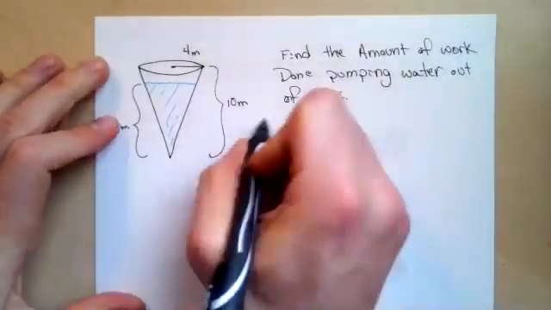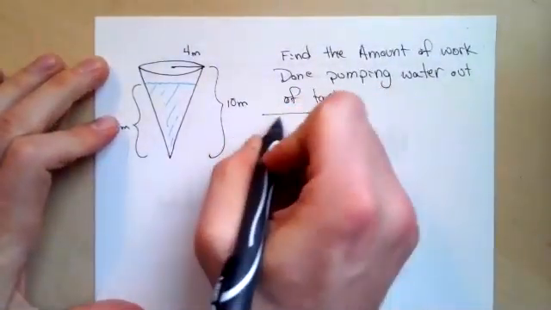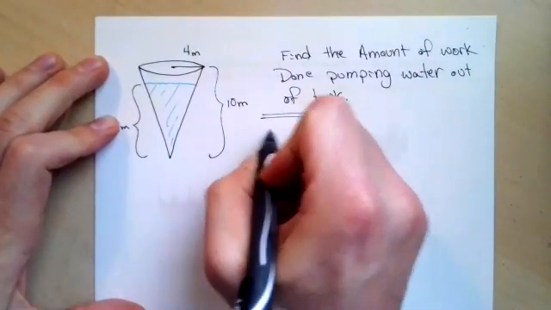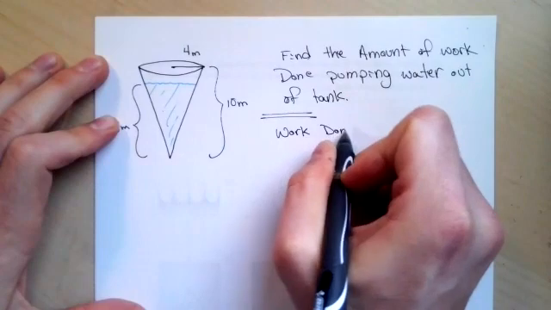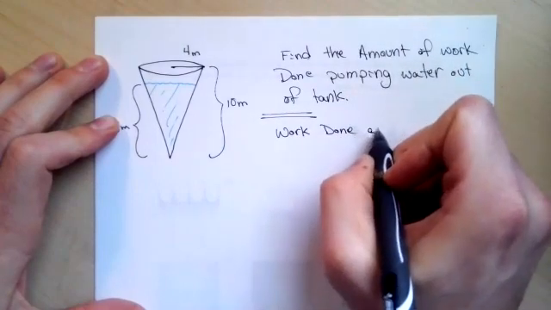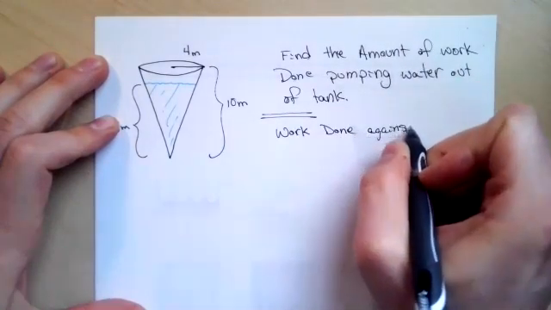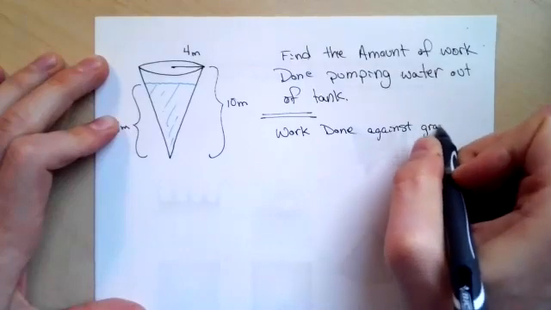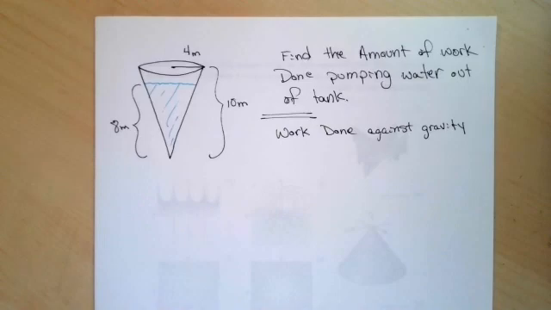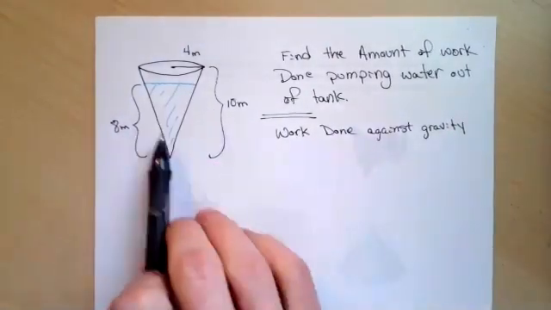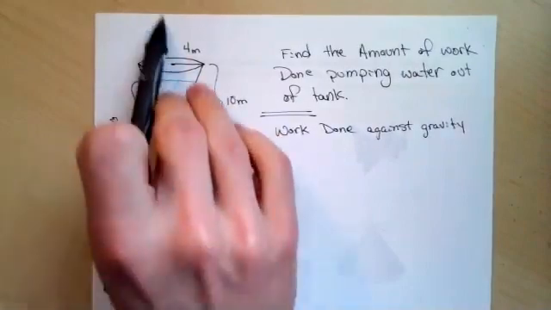So one of the key points here is the work is done against gravity. You see a lot of these types of examples. Anytime we're lifting anything, raising anything, pumping something out of a vertical tank, we're doing work against gravity, meaning I need to push things upward.